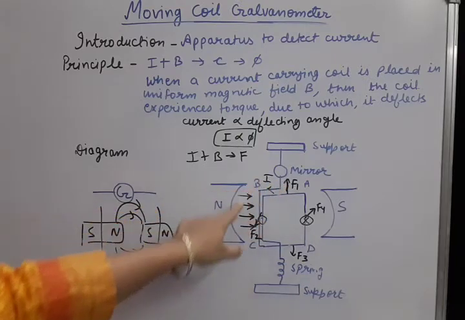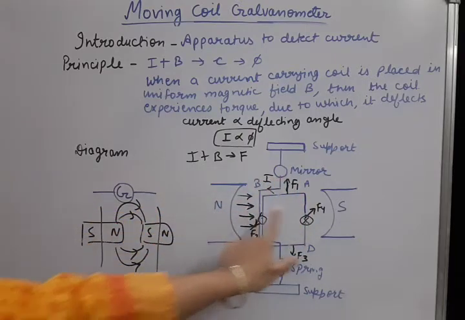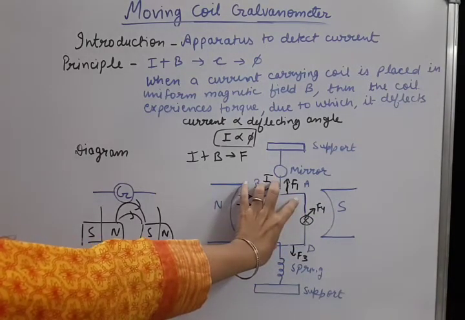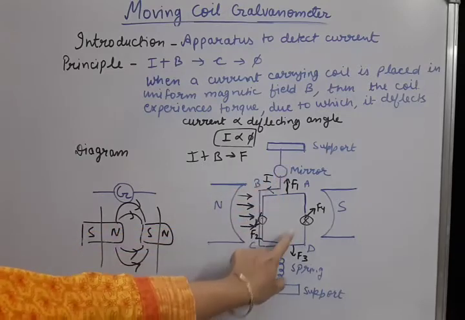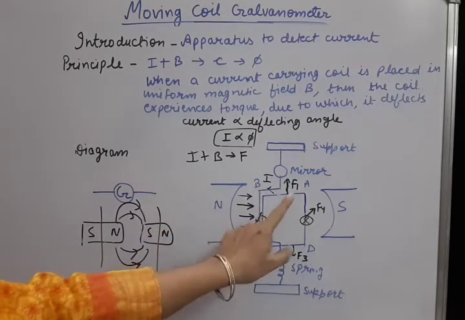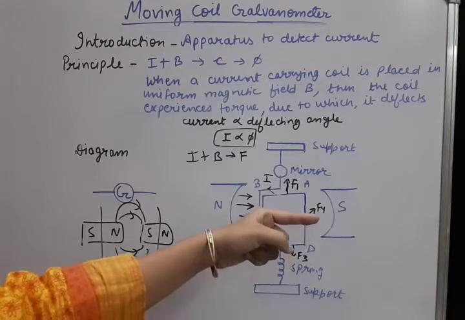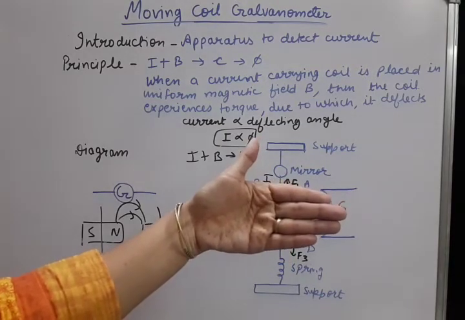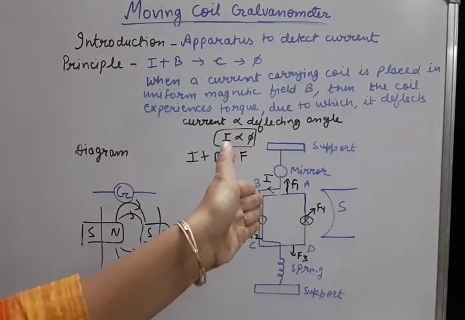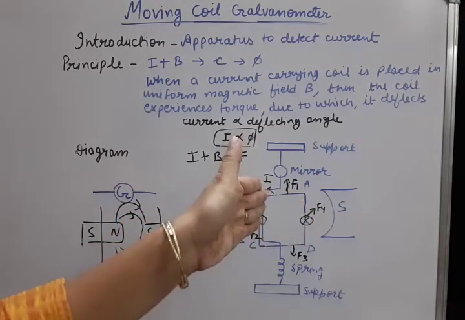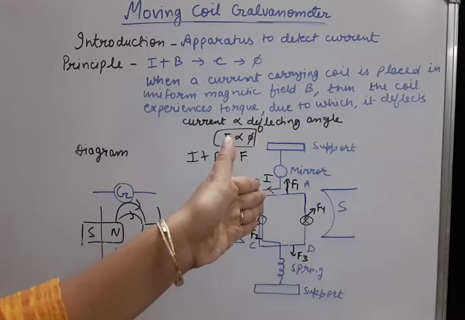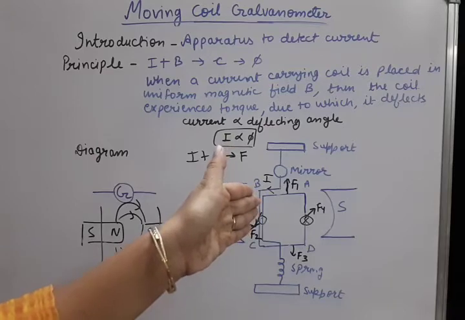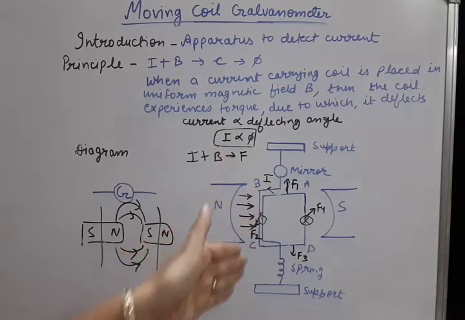Whenever a current carrying coil is placed in the magnetic field B, then out of the four forces, two will cancel and two will make torque, and due to the torque the coil will turn. So suppose the coil was placed initially like this, it will turn. This turning we will see on the window of the scale of the galvanometer.